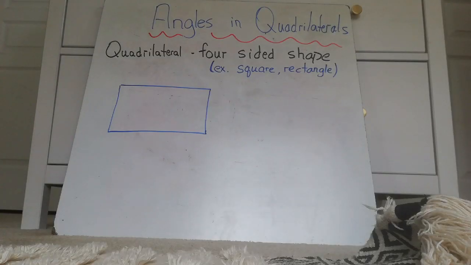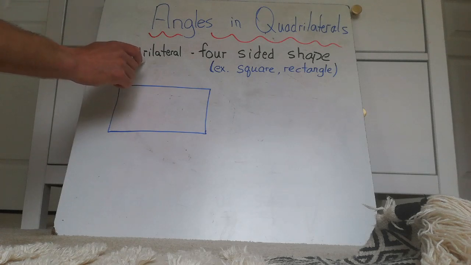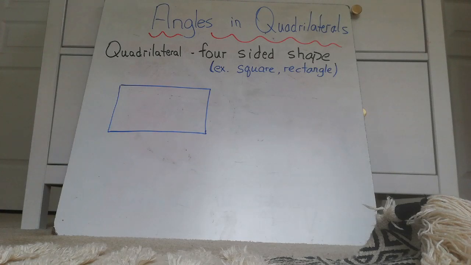All right, guys, today's lesson is angles in quadrilaterals. I'm not even sure if I spelled quadrilaterals right, but it must be close. Most of you know what quad means. Quad means four. So a quadrilateral is a four-sided shape, and the most familiar ones are squares and rectangles.